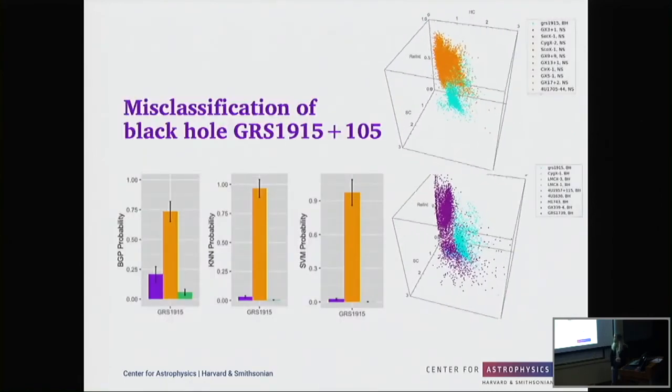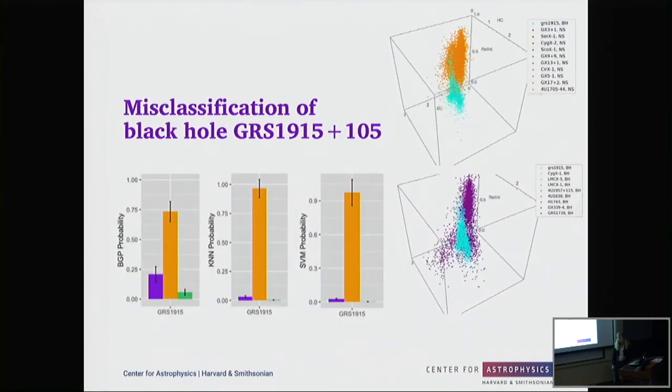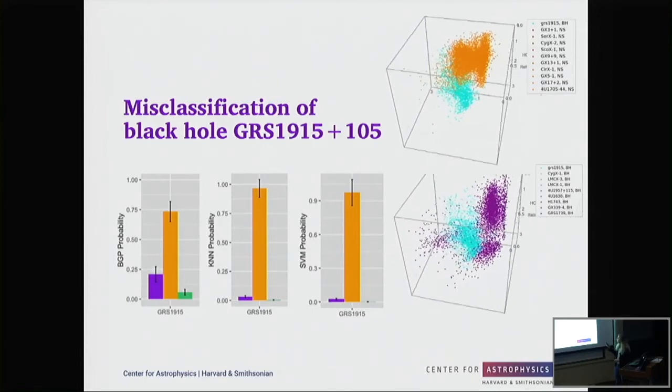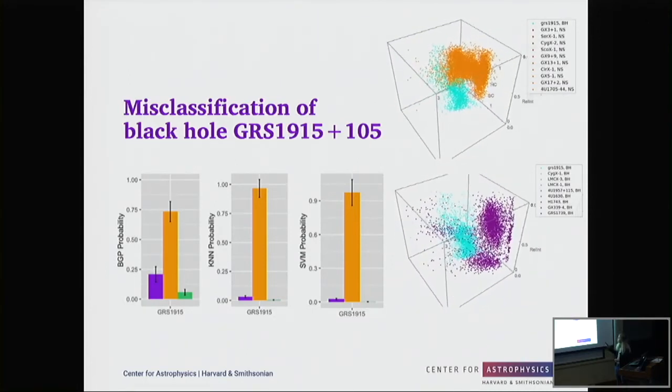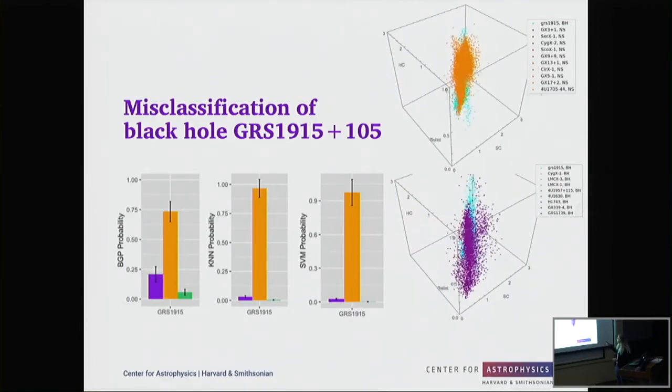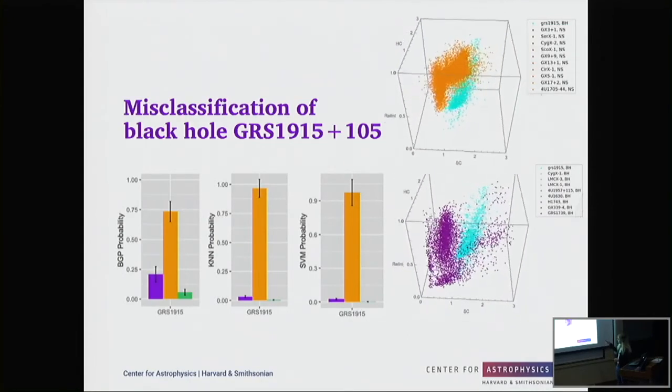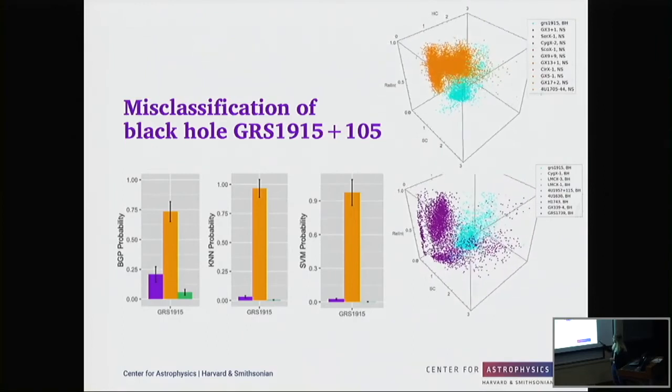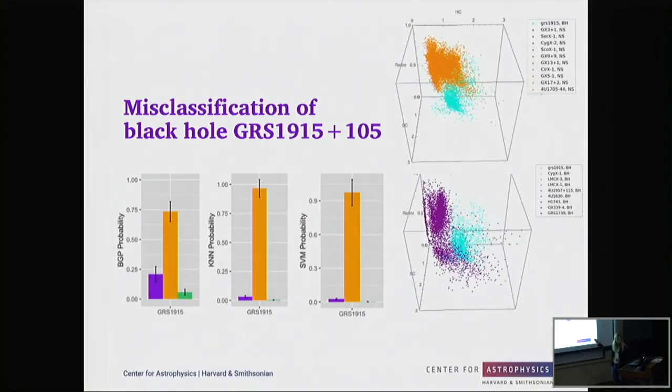So we can look at the actual color intensity diagrams where we plot all the non-pulsing neutron star sources together with our GRS 1915, which is misclassified, as well as the black hole sources with GRS 1915. What we can see in the bottom one is that the training data for this specific source doesn't necessarily overlap as much with GRS 1915.